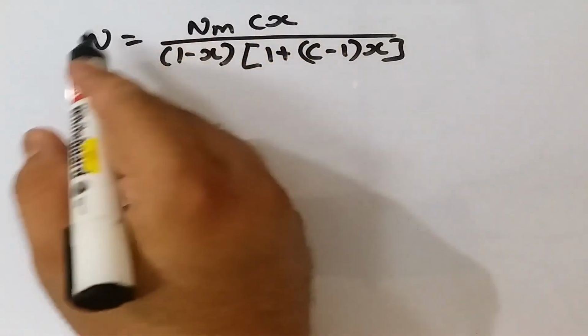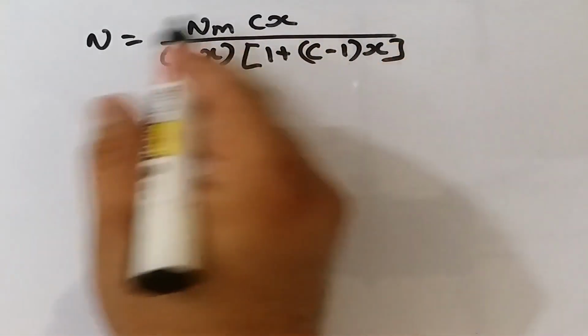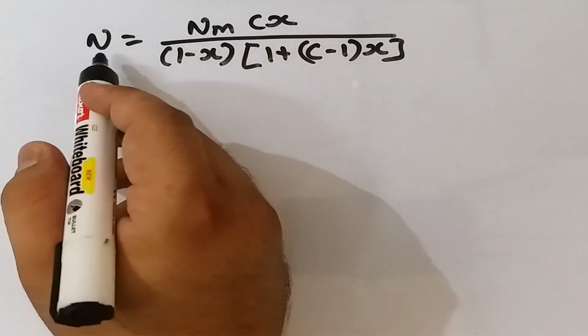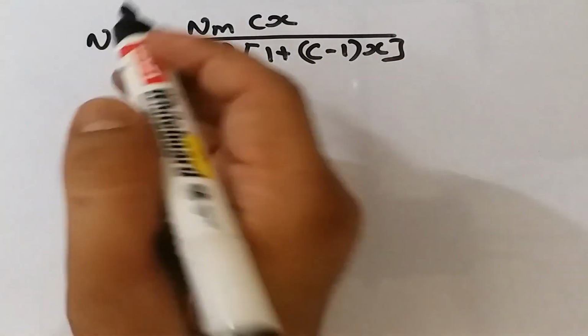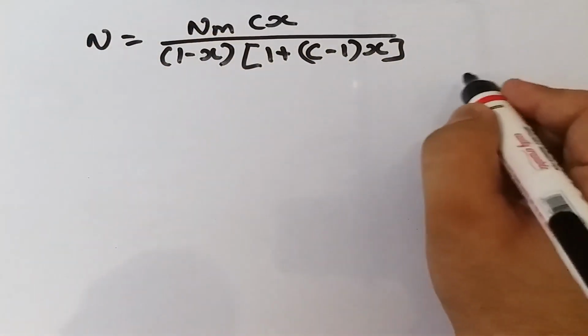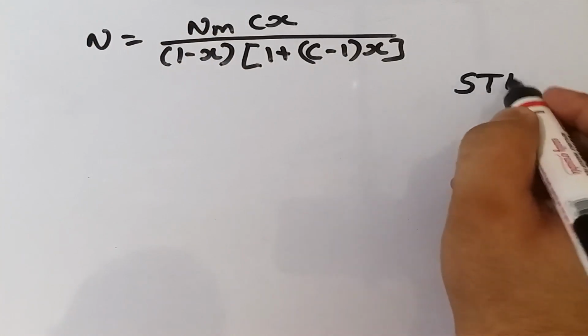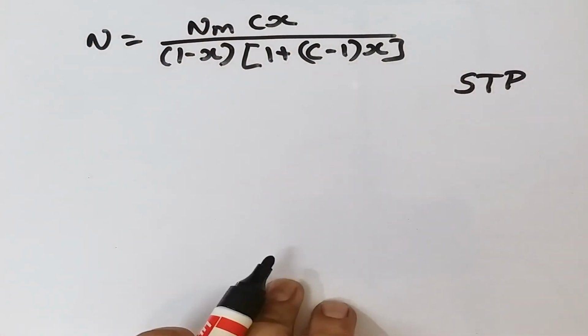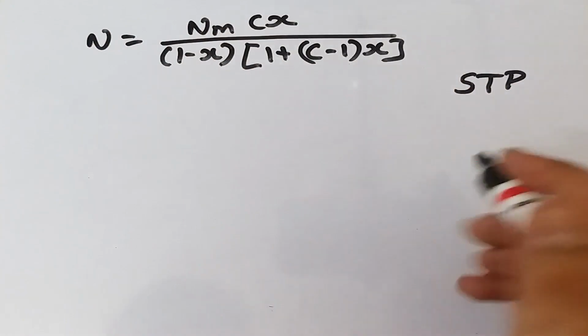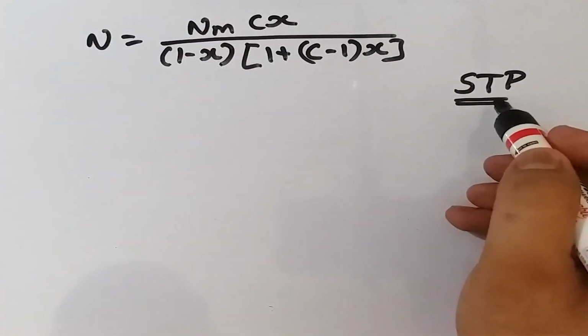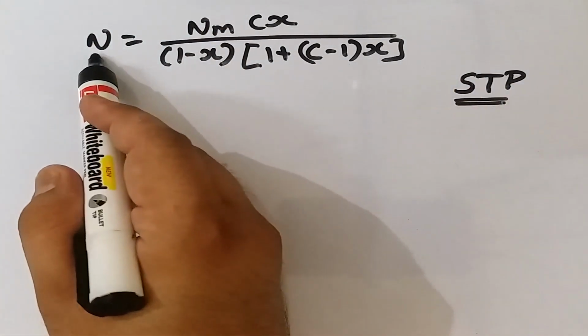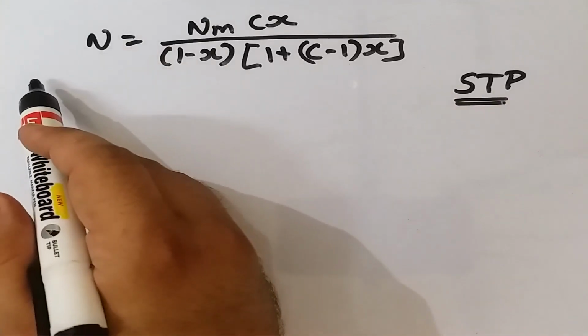So over here n represents the total number of molecules adsorbed on any gas surface, and generally for a gaseous system we carry out our measurement at standard temperature and pressure. Whenever measurement is carried out at standard temperature and pressure, the number of molecules is directly proportional to the volume.